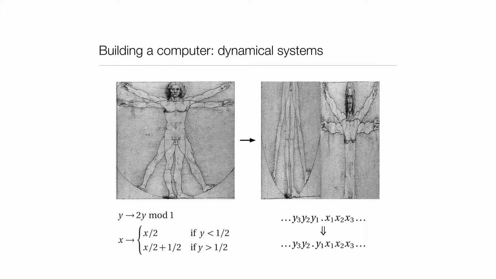So I'm going to take that real number and write it to the right of the decimal point as I normally would, but in base 2 instead of base 10. I'm going to take the y coordinate and do the same thing backwards, so it constitutes the left side of my sequence. In fact, I claim this is a particularly simple example of a Turing machine.